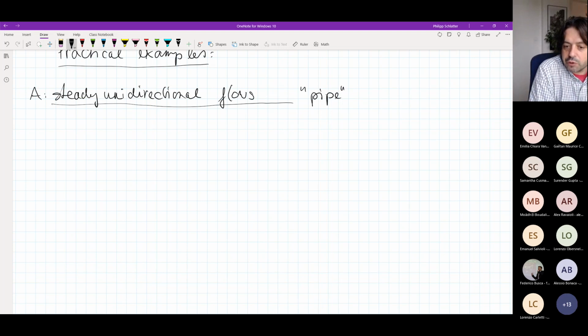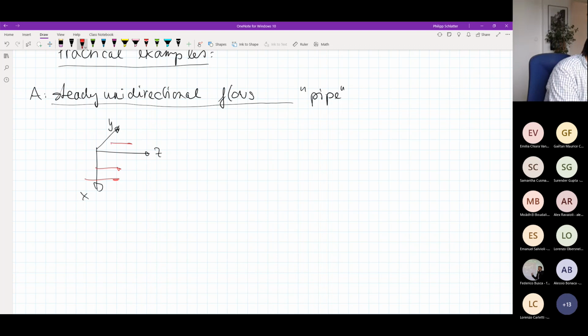And now again, without loss of generality, I can assume that this direction in which the flow is going is aligned with one axis of the coordinate system, and I can take, for instance, the z direction, which is what we typically do. So if we draw a coordinate system, something like this, then unidirectional flow would mean that all the velocity vectors, irrespective of where they are, would all point in the z direction.